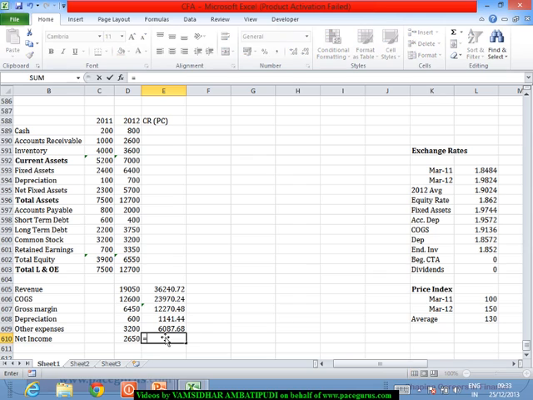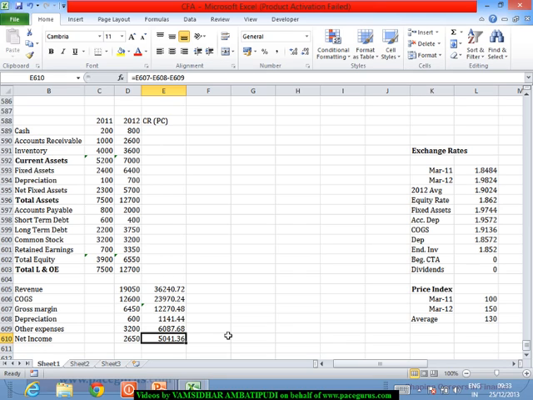So based on this, I can compute my net income as gross margin minus depreciation minus other expenses. So basically, this is the number that is getting worked out in the foreign currency or in the presentation currency. Right? So these many units of presentation currency is what is shown as a part of my net income.